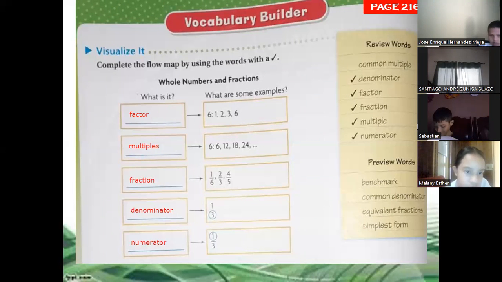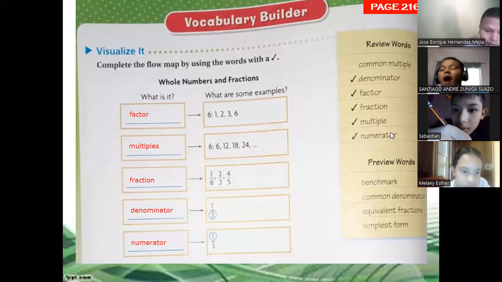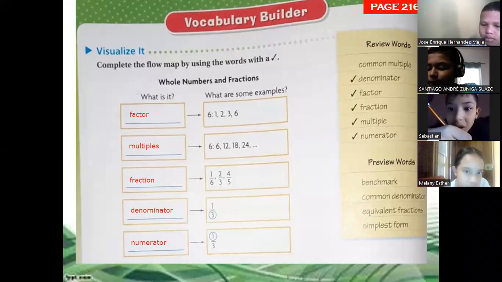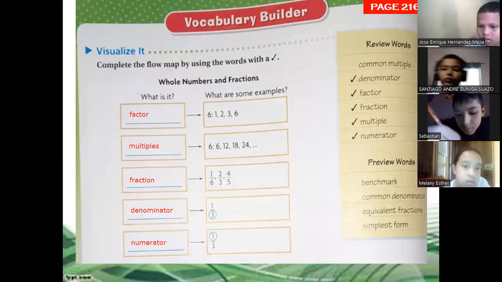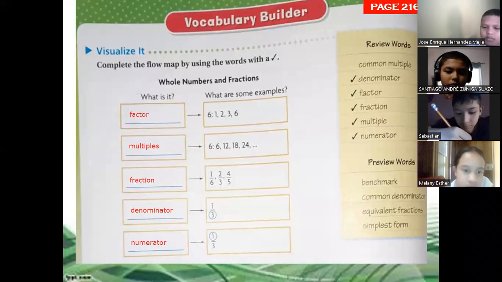No one. Sebastian, did you copy? No. Sebastián, when we finish the class, please send me a picture of the 2 pages that we did, Sebastián, please. Because I have seen you in the class, not like you are right now. Now you are copying, so it means that you were not copying before. Okay.